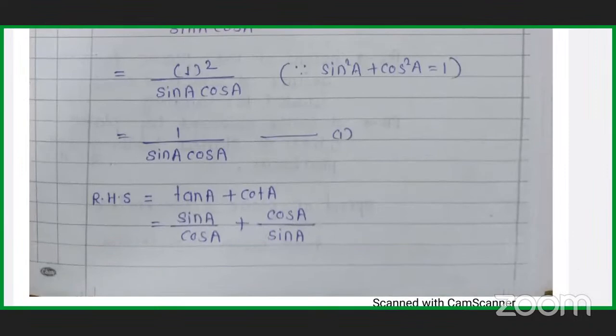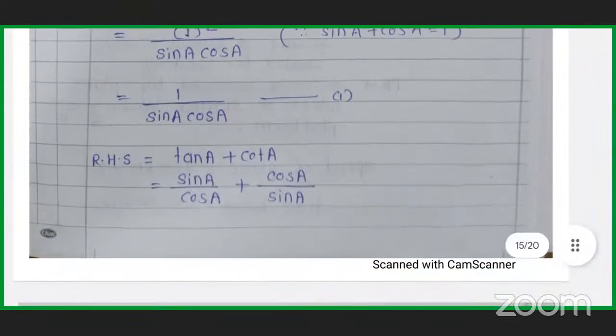Then again focus on the RHS. So what is the RHS? Tan A plus cot A. Again, we have to replace the value of tan A. So tan A is nothing but sin A upon cos A. Cot A is nothing but cos A upon sin A. So again, make the denominator the same.